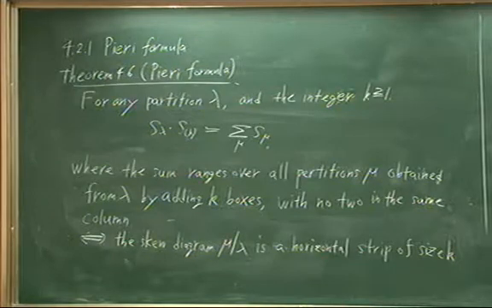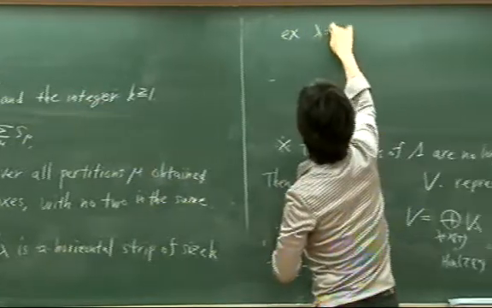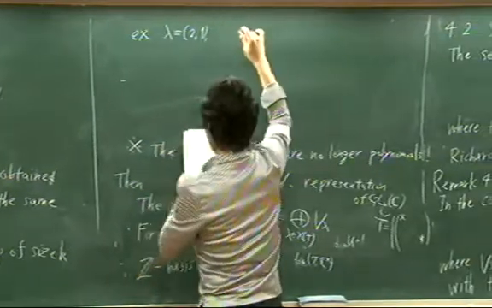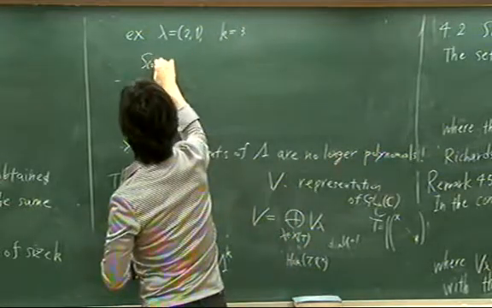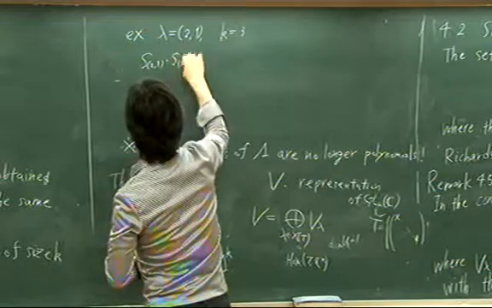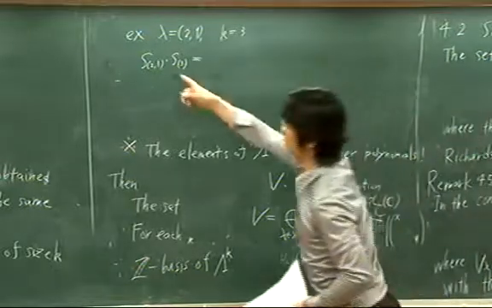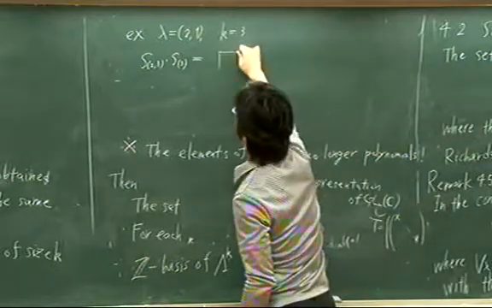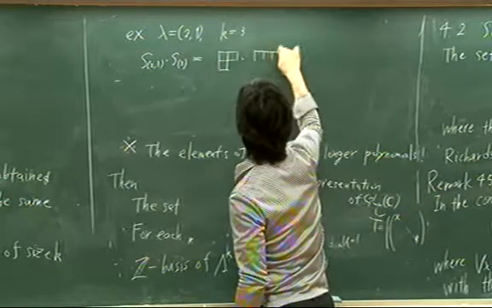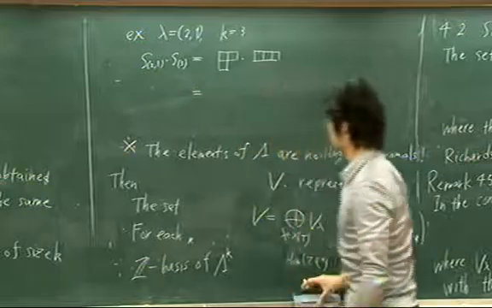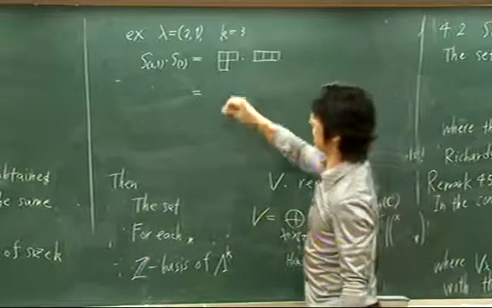For example, as already shown, when lambda equals (2,1) and k equals 3, the product of two Schur polynomials is computed as follows. Add 3 boxes.